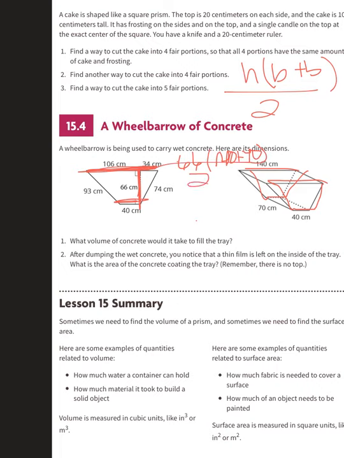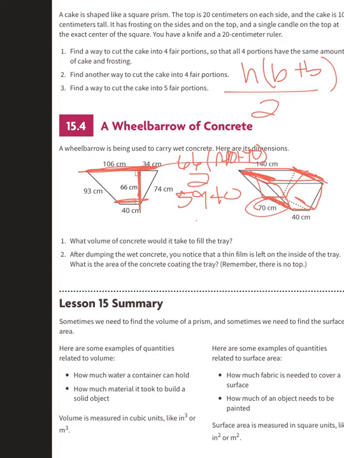So if I grab my calculator here and go 140 plus 40, I get 180. So I go 180 times 66 divided by 2, I get 5,940. So the area of the base on this one is 5,940. Okay, now I'm going to multiply that by how deep it is, or how long it is, the length between the 2 bases.